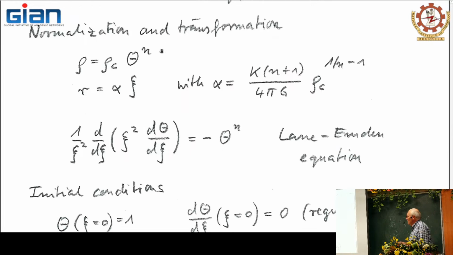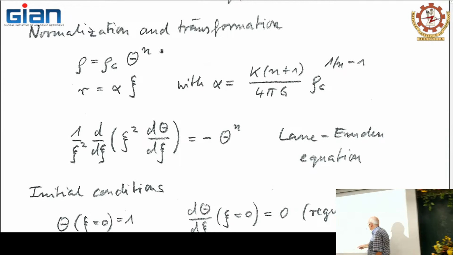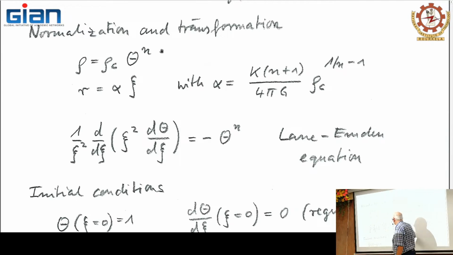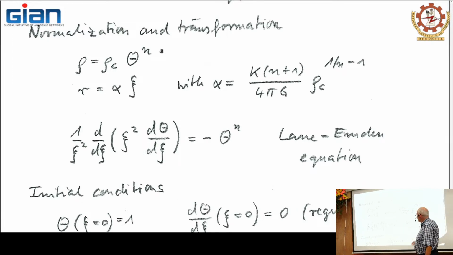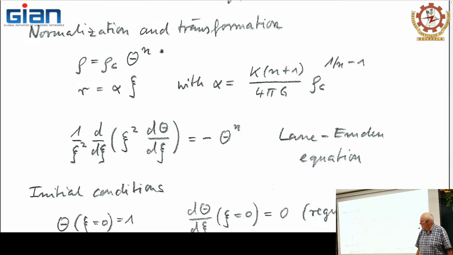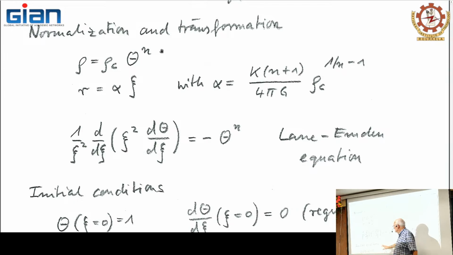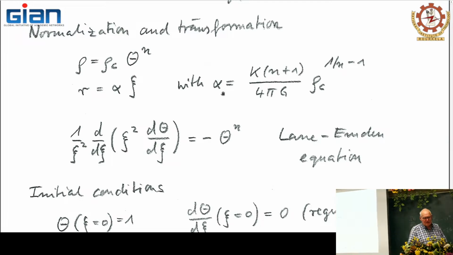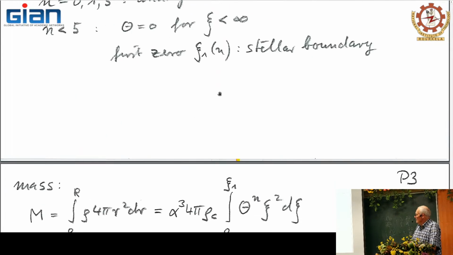So we multiply the equation by psi squared, and when we integrate, the integral over the derivative gives simply the value of psi squared times the derivative of theta by psi. So we don't need to integrate using the Lane-Emden equation.